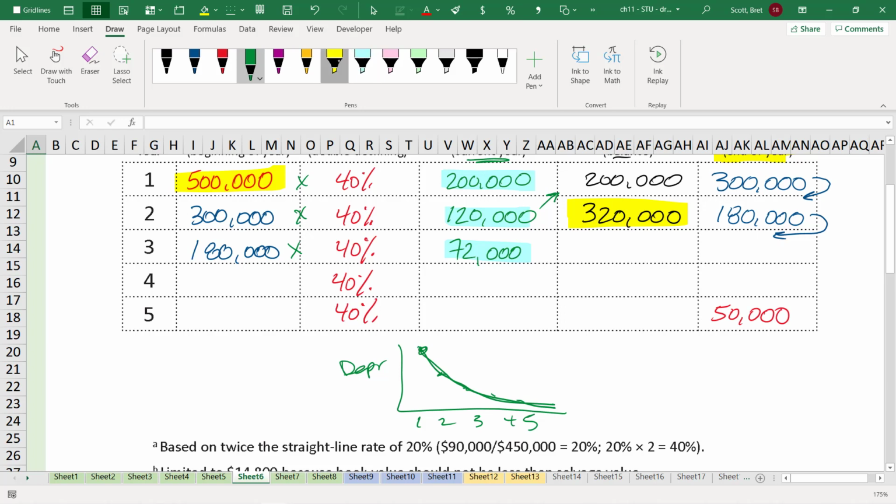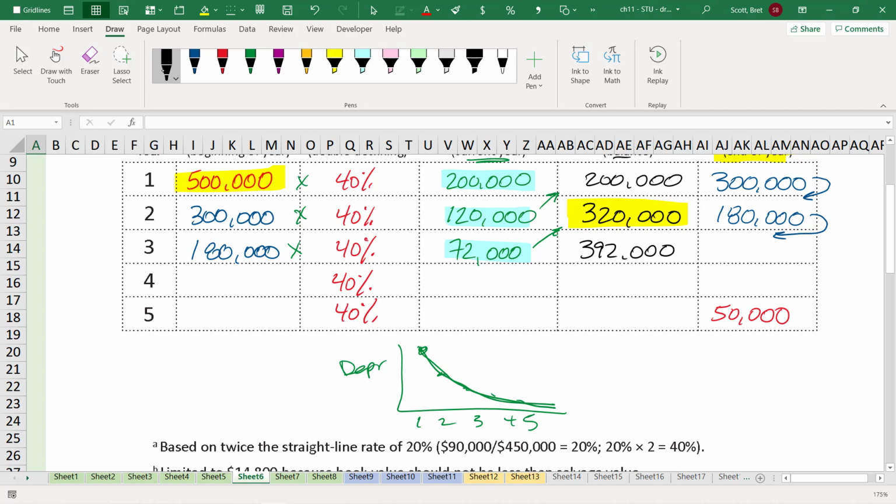Okay, so now that we have $72,000 extra in depreciation, we want to add that to whatever the existing accumulated depreciation balance is. And that brings our total accumulated depreciation up to $392,000. Wow. 3 years have gone by and almost 4/5 of its value has been consumed.